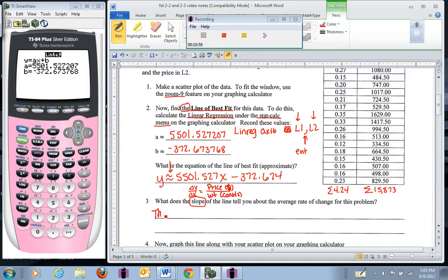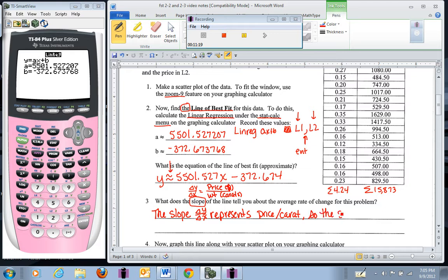So the slope, change in y over change in x, represents the price per carat weight.